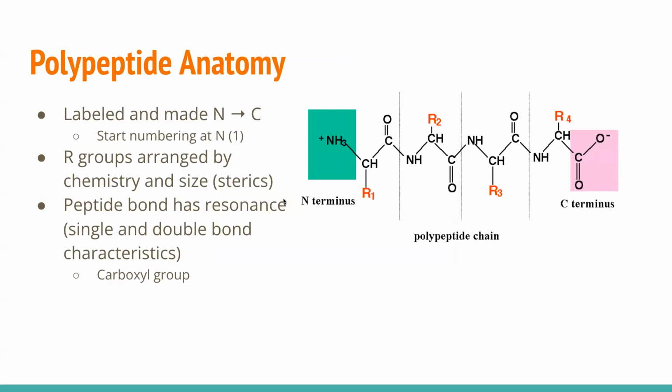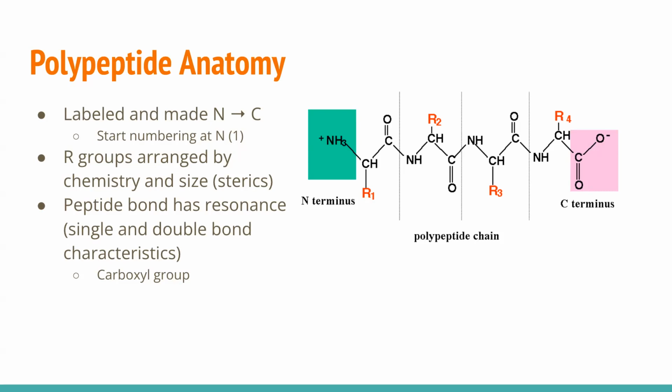Okay, polypeptide anatomy. Polypeptides are just composed of a bunch of amino acids that have peptide bonds. So you're always going to start on your N terminus, and you're going to label from then all the way to the C terminus. You're going to start with 1, 2, 3, 4. Numbering amino acids always starts at the N terminus. Your R groups are always arranged by chemistry and size. You don't want big, bulky R groups next to each other and interfering with each other.